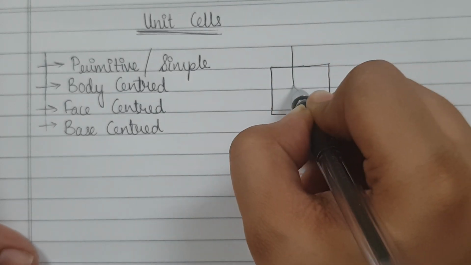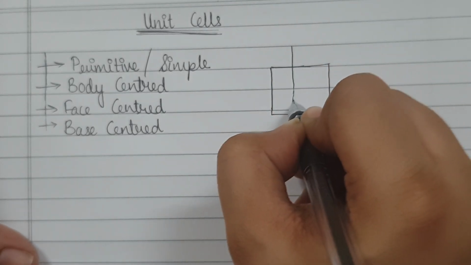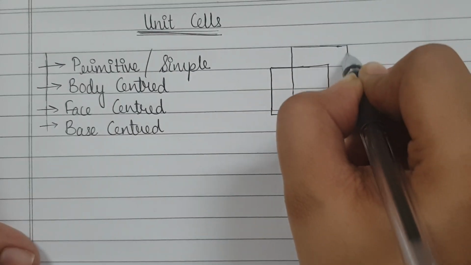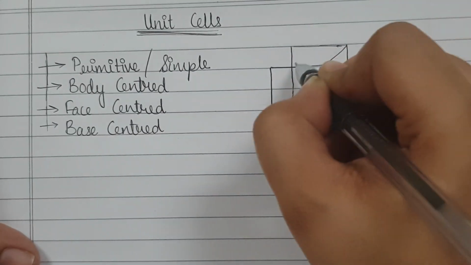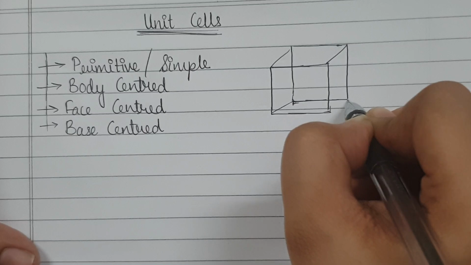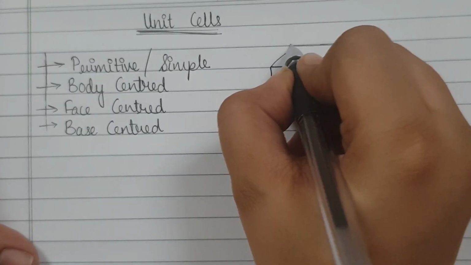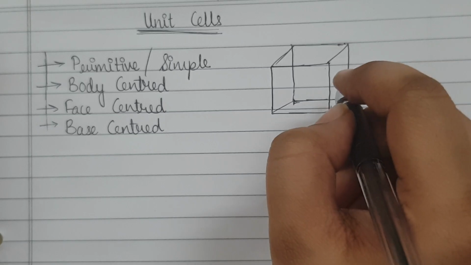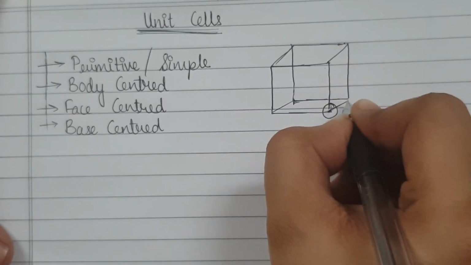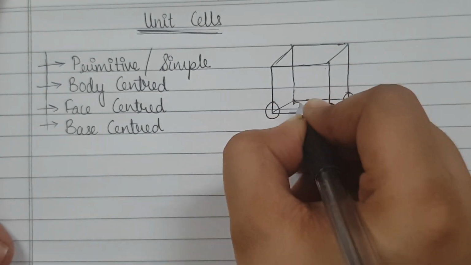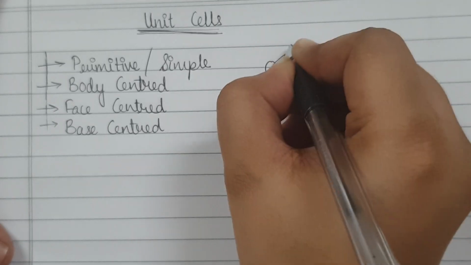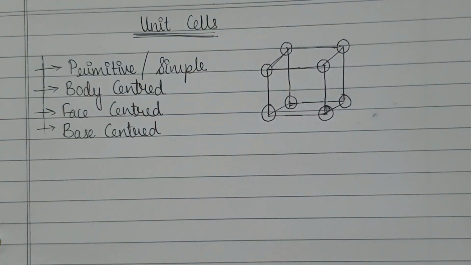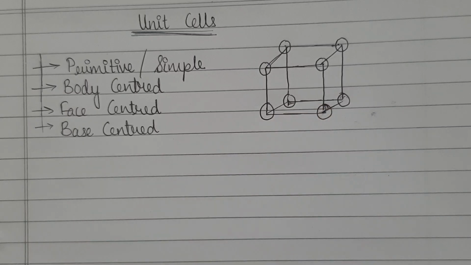For example, in case of primitive and simple type, these corners that you see, ये जो कोने हैं वहाँ पे हमारे atoms होंगे. Okay, so 1 2 3 4 5 6 7 8. Correct. 8 corners, 8 atoms.